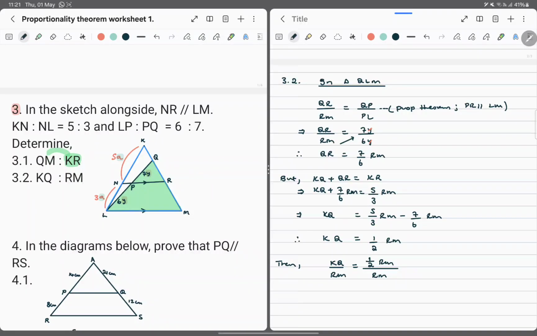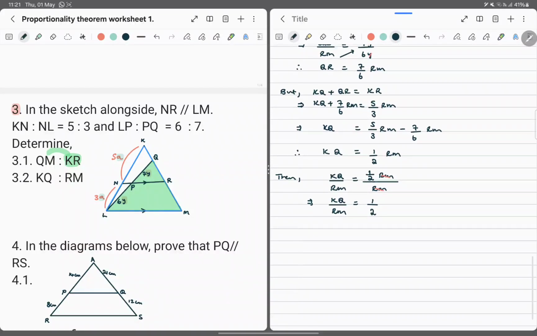So we'll just write RM yet again. This implies that KQ over RM is going to be, obviously this is divided by 1, so it's just a half. So what does this mean? This means that KQ to RM is 1:2.